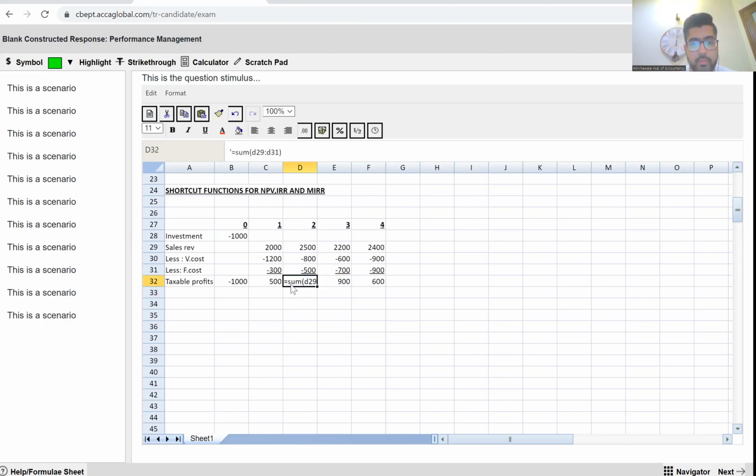No need to do that. Once you have just done the first cell, put it here and drag it. It will create it. And if it's not happening like this, then you can put it here, right click, copy, and then drag.